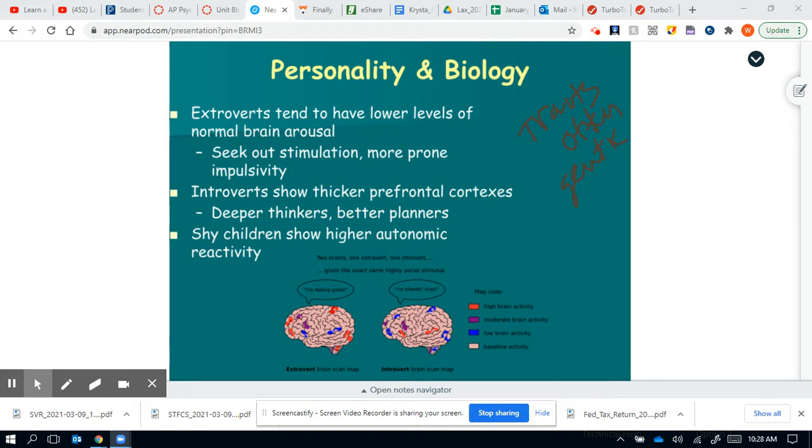It doesn't mean they're not as smart. It means they have a higher optimal level of arousal, that their brain just doesn't create enough energy for them, and so they got to get it from outside. This is why extroverts seek out stimulating activities, are more prone to impulsivity, and sometimes not as good decision makers.